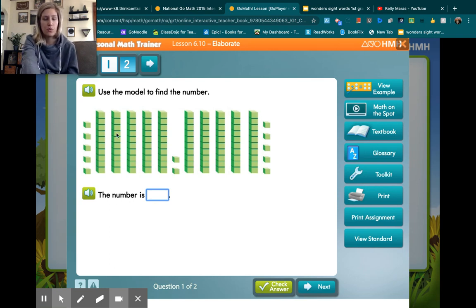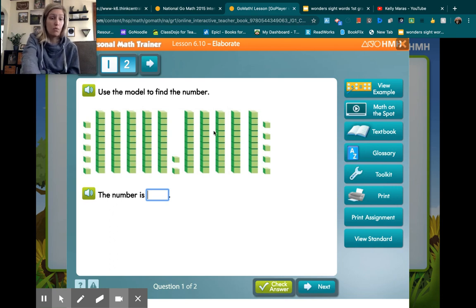10, 20, 30, 40, 50, 60, 70, 80, 90, 100. So the tens blocks show us 100, okay? Now we just need to count on from 100 by counting the ones.